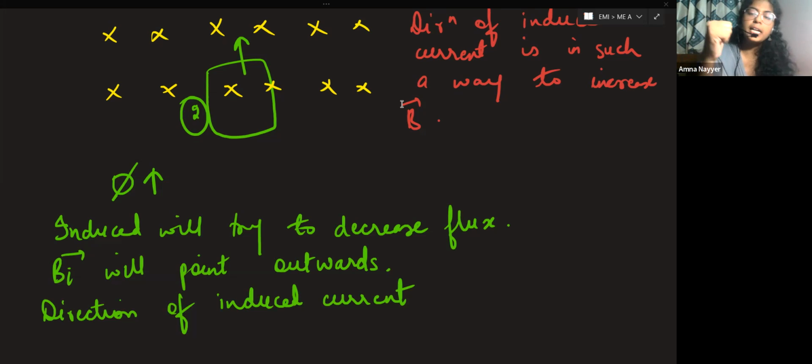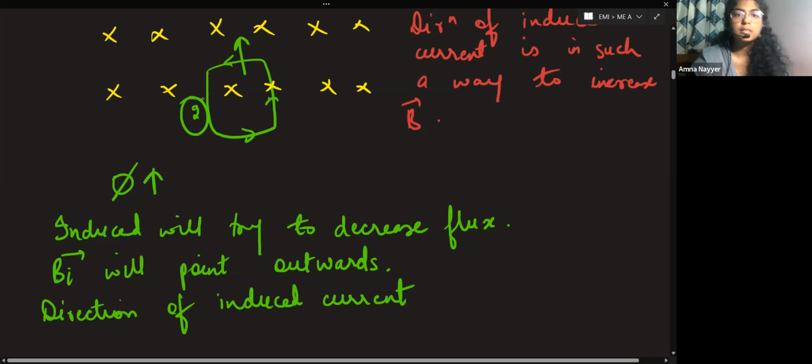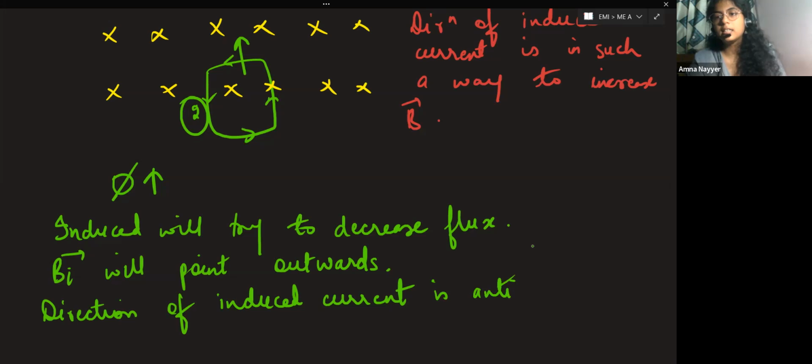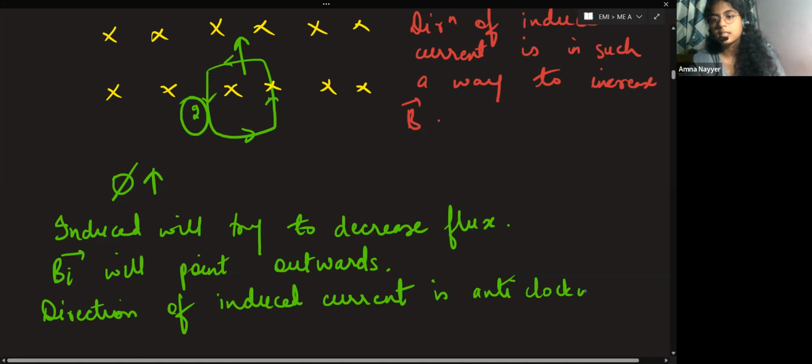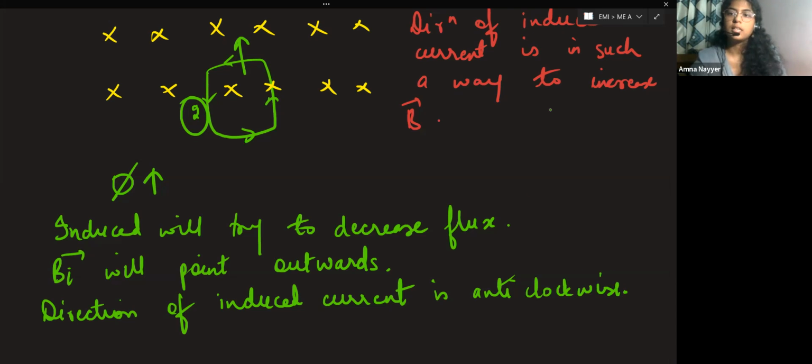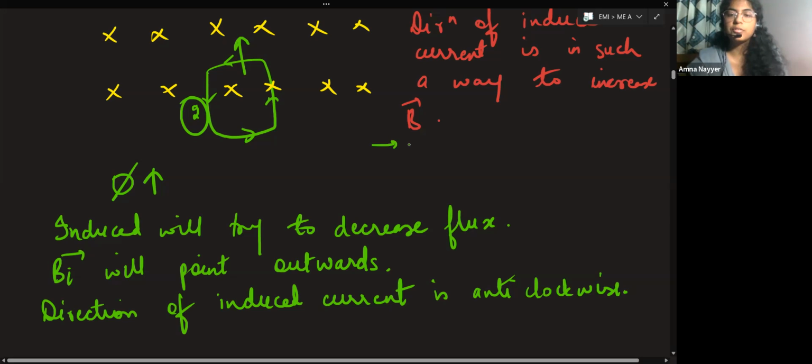See, the induced magnetic field is outwards. My thumb is here, like this. So this is anti-clockwise. And here is the direction of induced current.